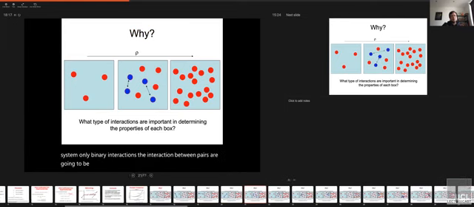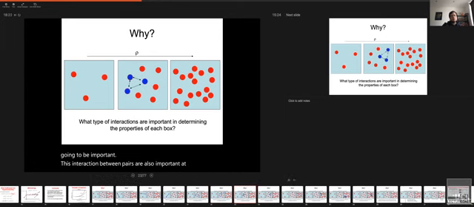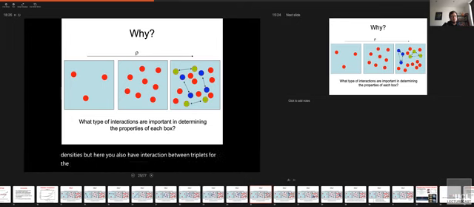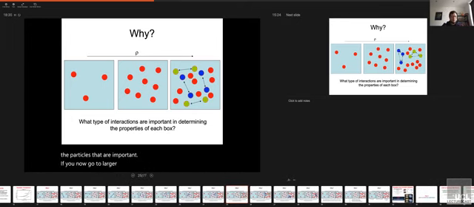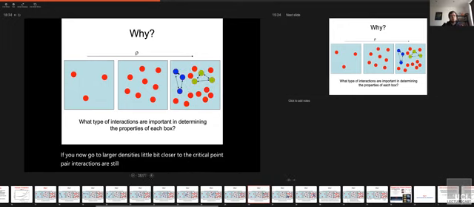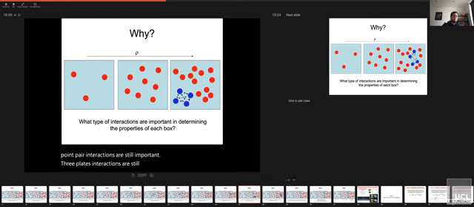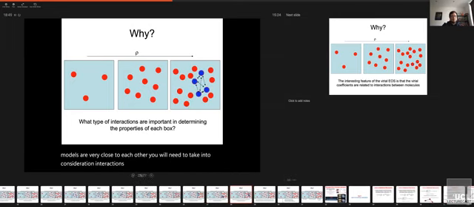These interactions between pairs are also important at intermediate densities, but here you also have interaction between triplets of particles that are important. If you now go to larger densities, a little bit closer to the critical point, pair interactions are still important, triplet interactions are still important, but now because the molecules are very close to each other, you will need to take into consideration interactions between 4 particles at a time.